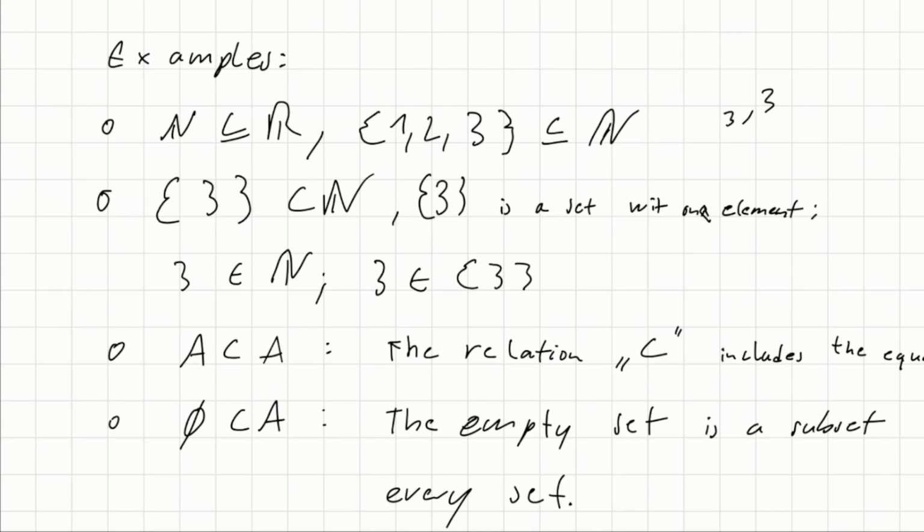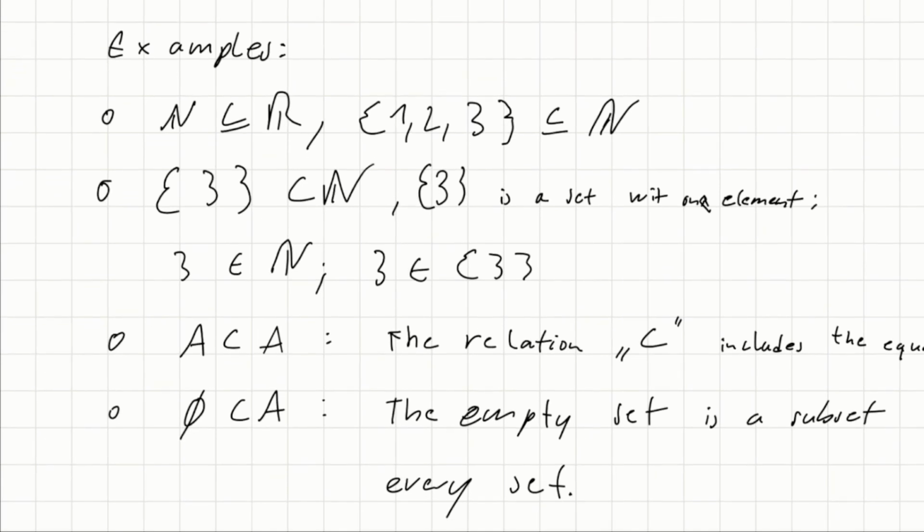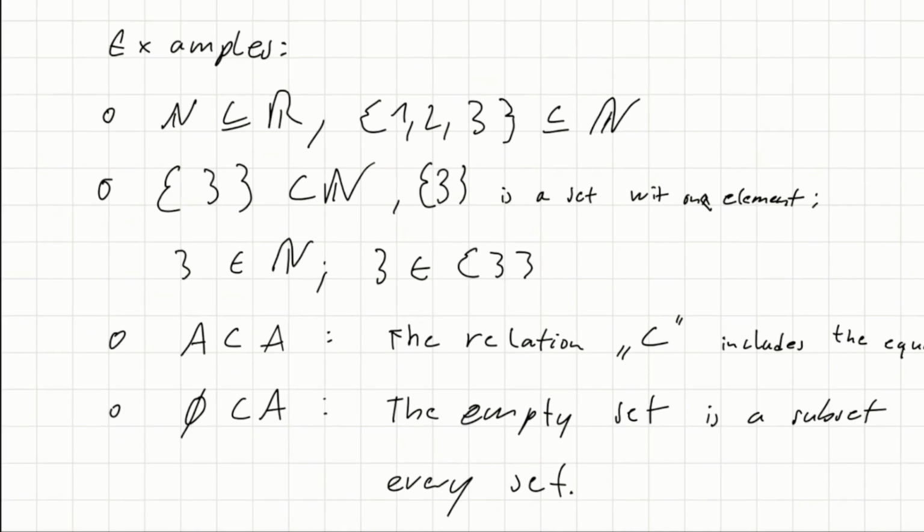So you see, natural numbers have only elements which are in the real numbers, right? I'm sorry, since English is not my native language, I sometimes have some struggles with saying the right things. But I hope it's clear.